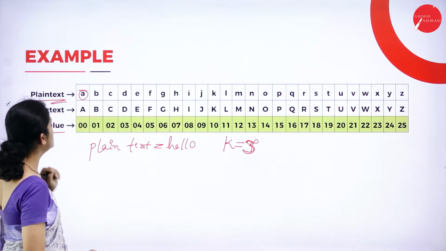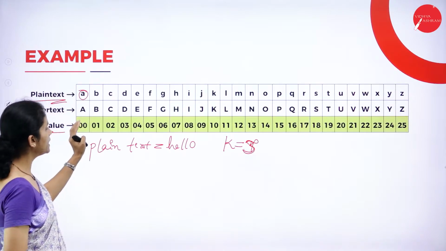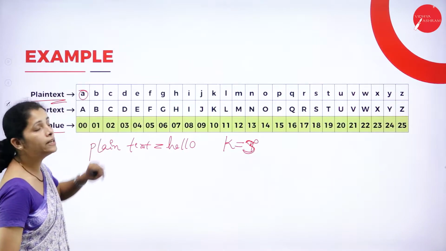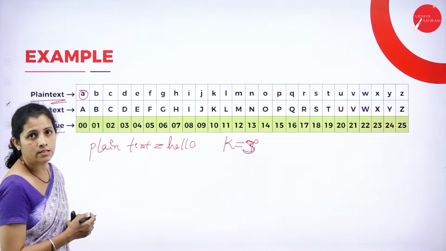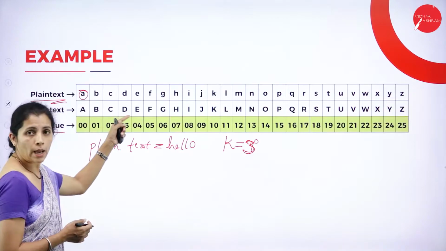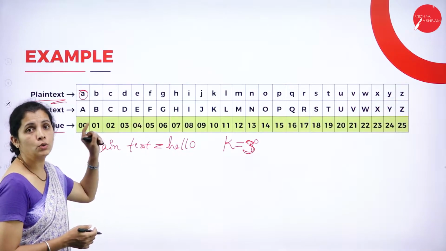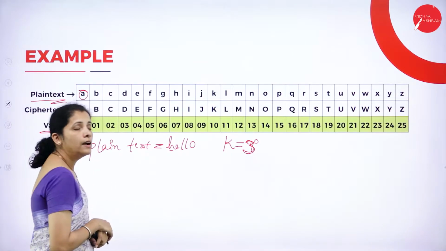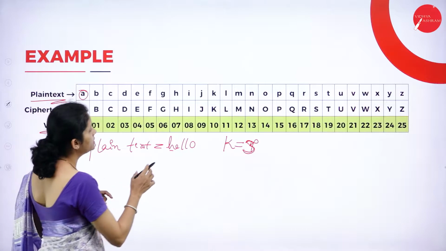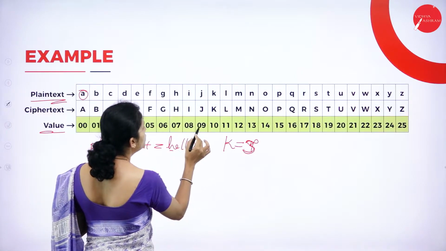I'm going to place the value, and while writing ciphertext, I want to write that text in uppercase. So here I'm going to use capital letters to indicate ciphertext. Now see here H. If I consider H, I want to add 3. So 1, 2, 3.